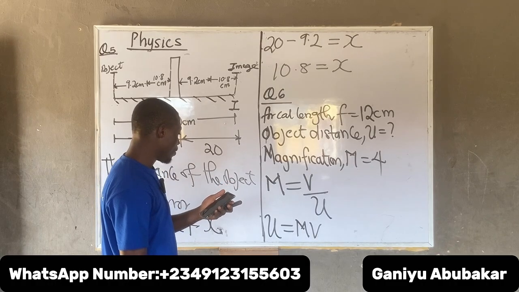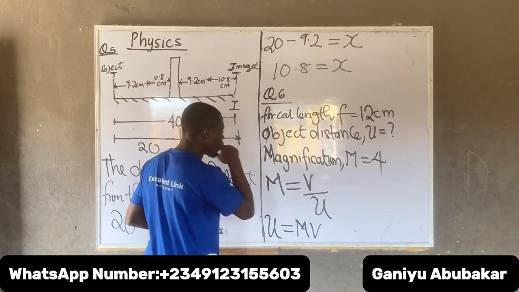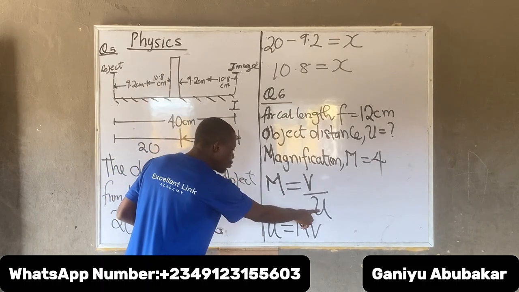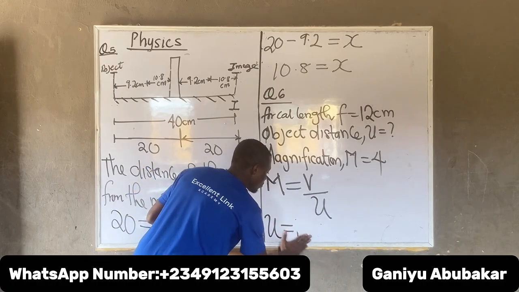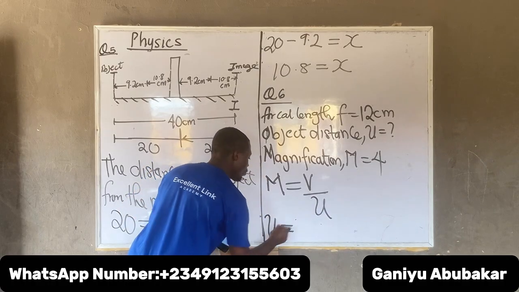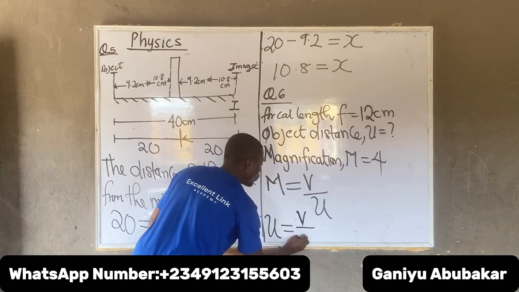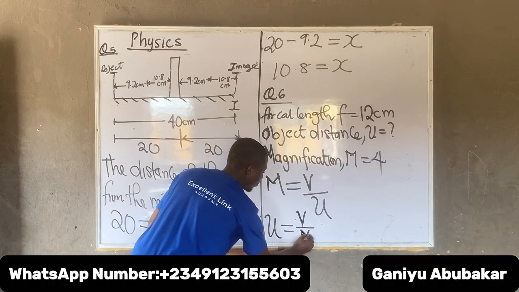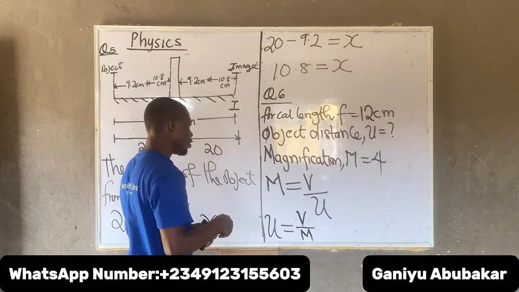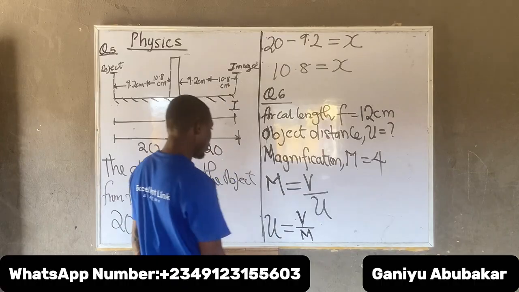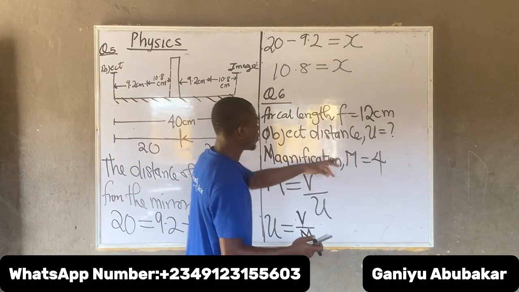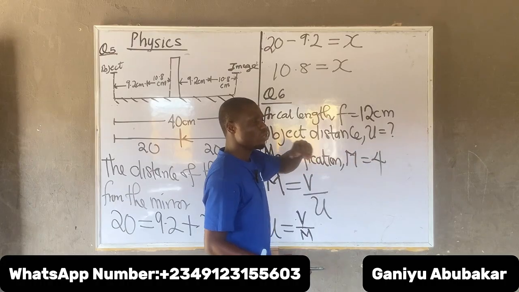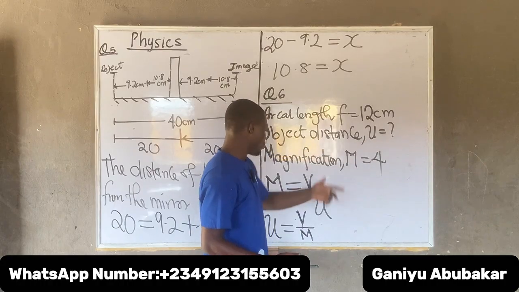Hold on please. If I try to make u subject, that gives you v over m. But my goal is to find u, so I don't need to make u subject.